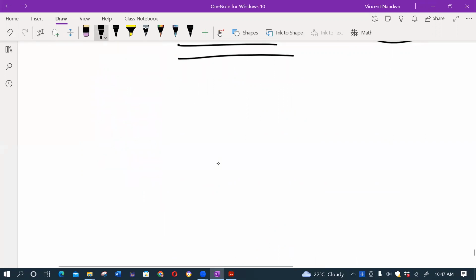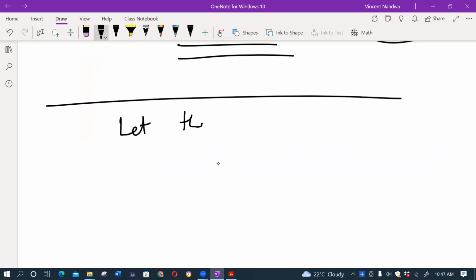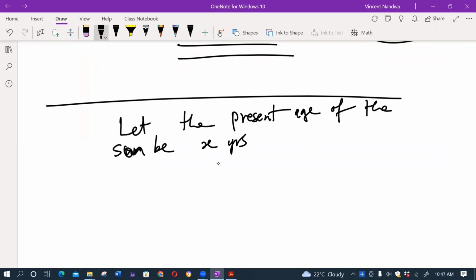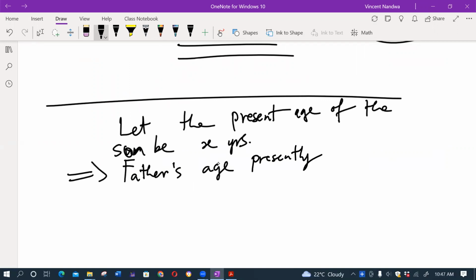So let the present age of the son be x years. So this means the father is 6x years.